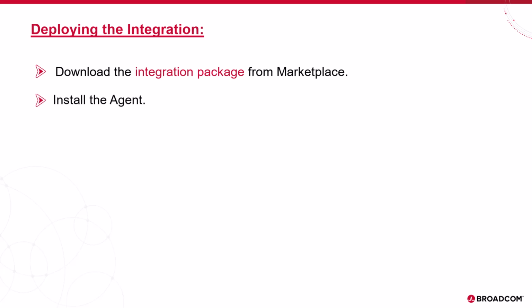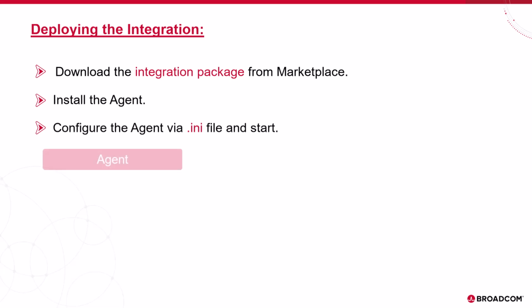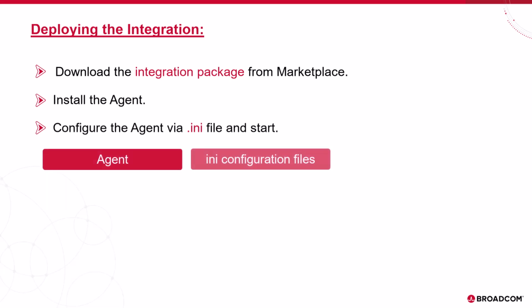The procedure to deploy the Azure Power BI integration is as follows. First, we download the integration package from Marketplace. This package contains all the necessary elements. We unzip this package, which produces a directory containing the agent, the INI configuration files, and several other items, like the start command.